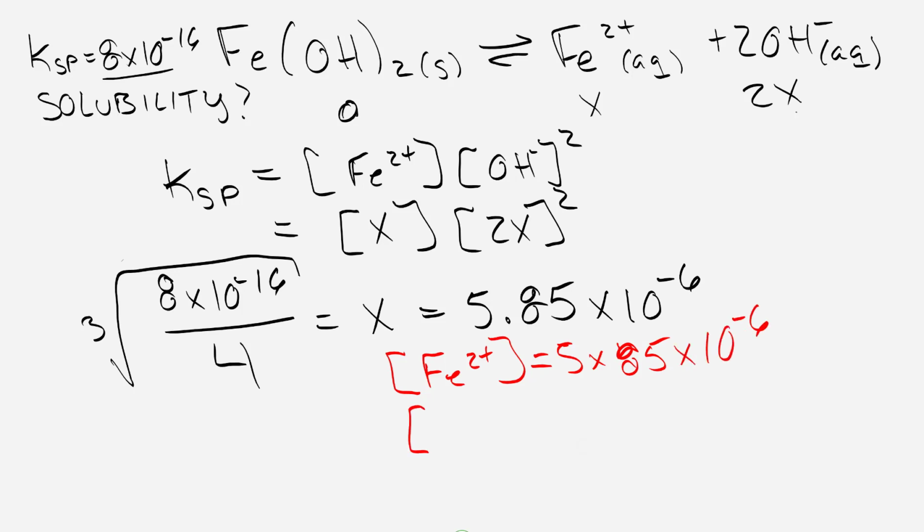And the maximum concentration of hydroxide I can have is going to be 2 times that, because it's 2x, and that gives me 1.17 times 10 to the negative 5. So this is the most I can have in concentrations of each ion before I form a precipitate.